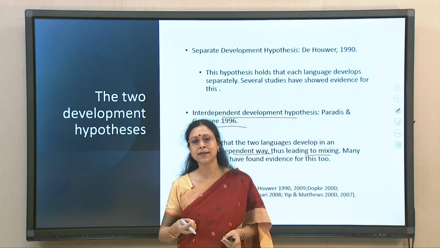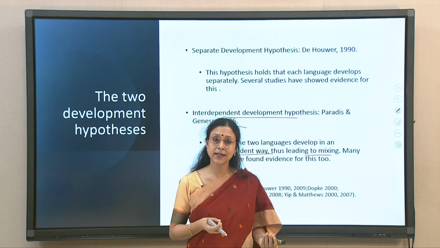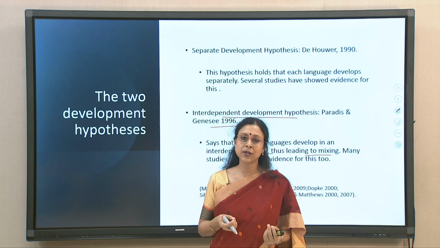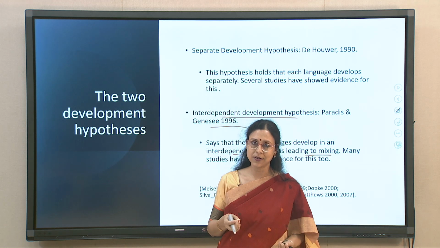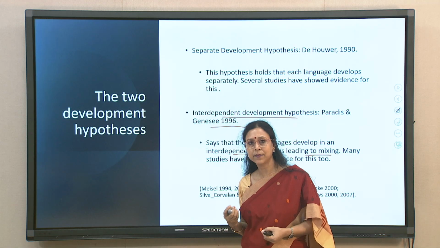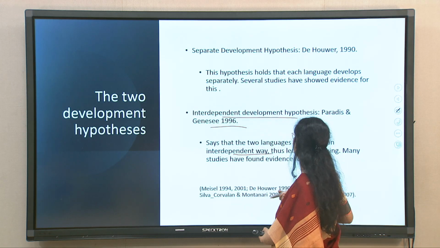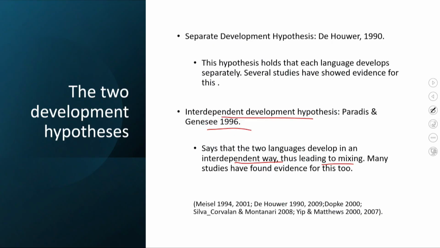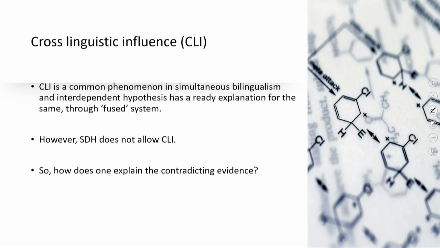You do get some cases of mixing, and you also get cases where children are able to keep contrasting features and languages completely separate. So, we have proof for the interdependent hypothesis as well. All these studies that I have added have looked at these two hypotheses.